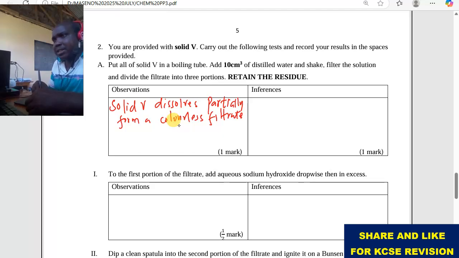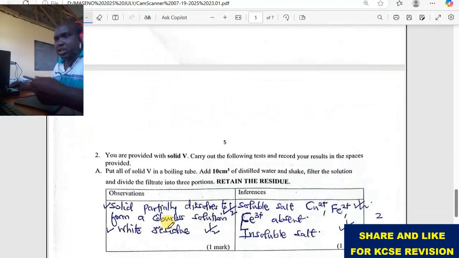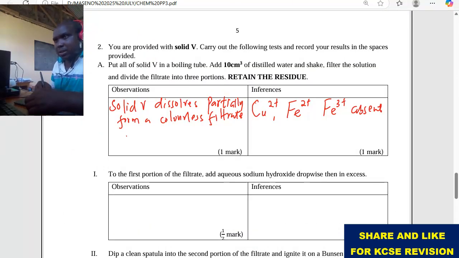If the filtrate is colorless, then it means the colored ions, which are copper 2, that is blue, iron 2, which is green, and the brown iron 3, are absent. Then the residue is insoluble. The white residue remains, and if the white residue remains, it means it is insoluble.